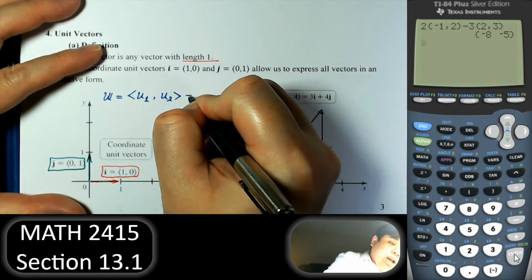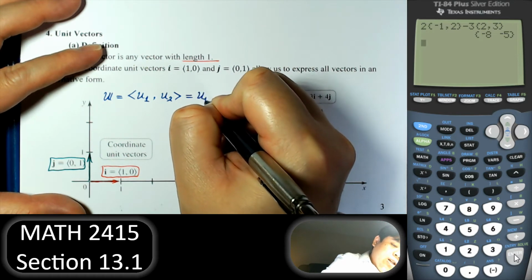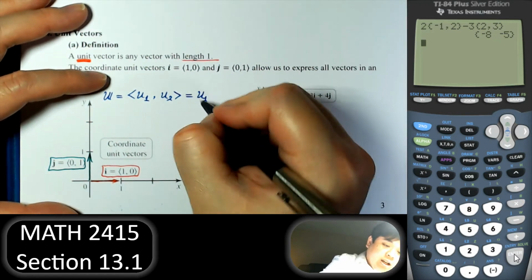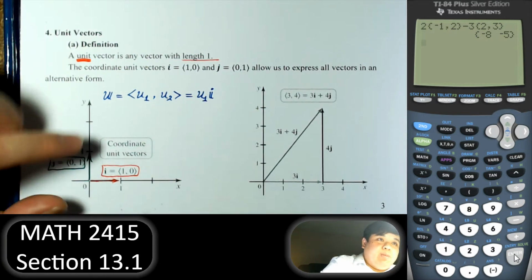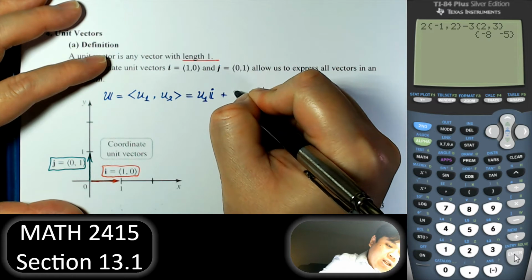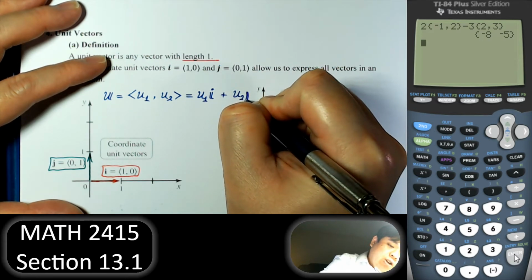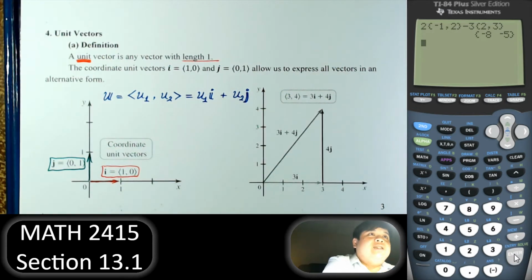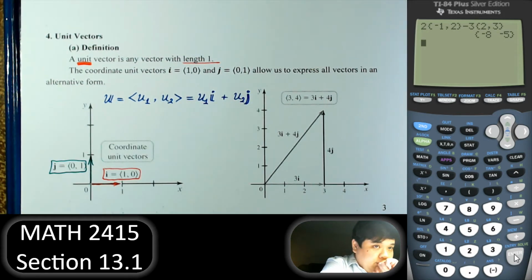If we want to, we can say this as u1 times the vector i, for the first component, and then plus u2, also a scalar, times the vector j. So the first one times i, the second one times j, and then add them.